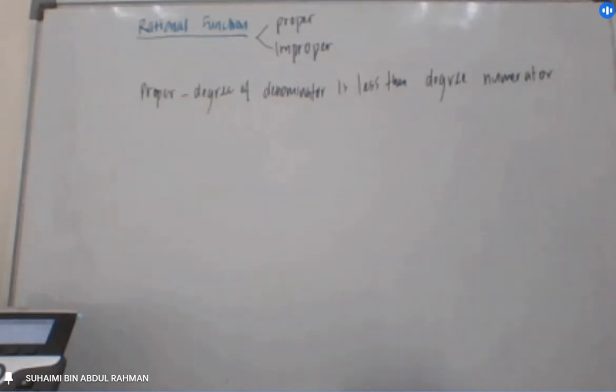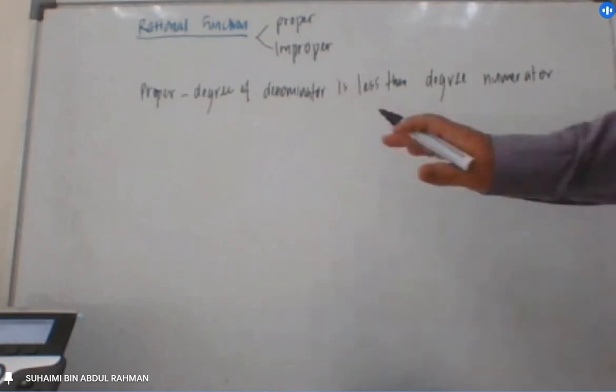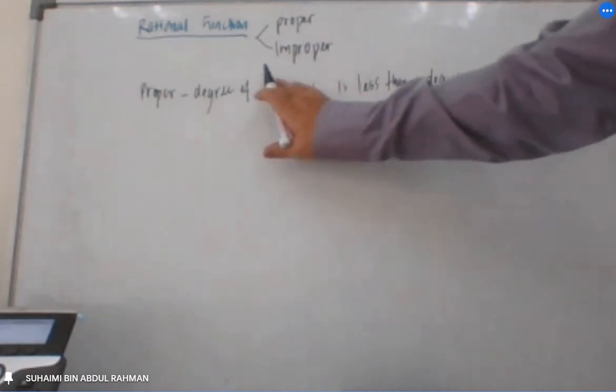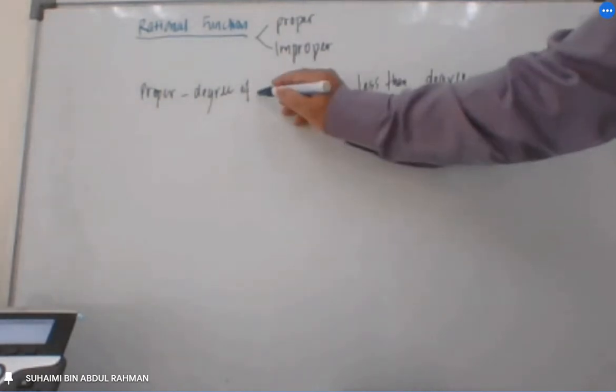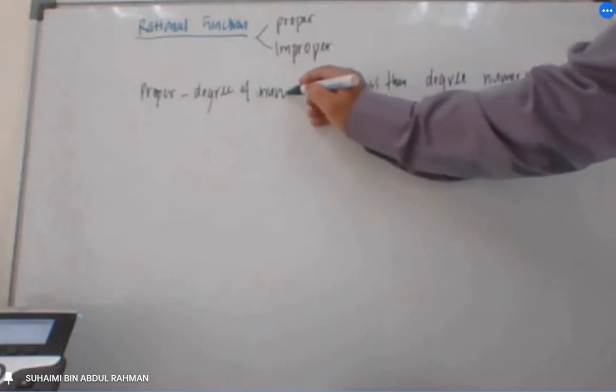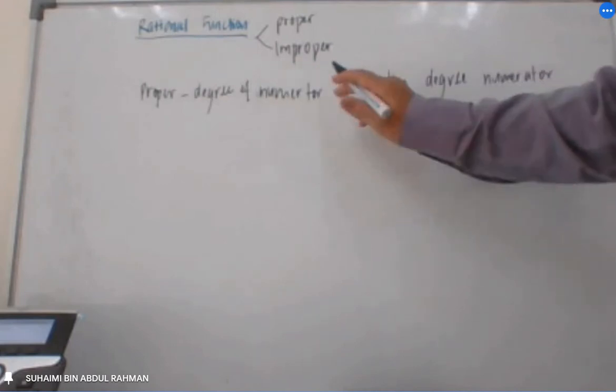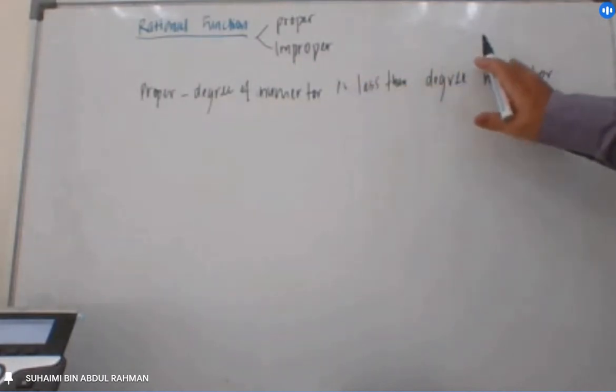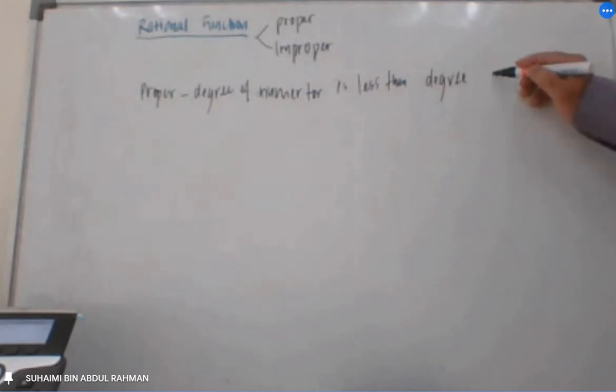So it is a proper rational function when the degree of the numerator is less than the degree of the denominator.